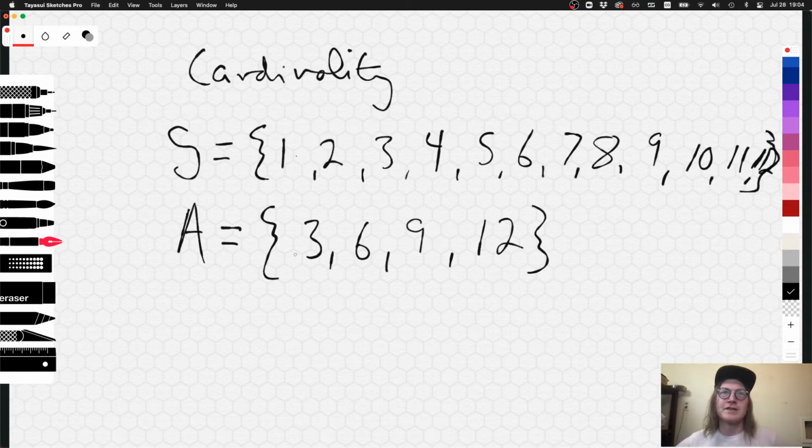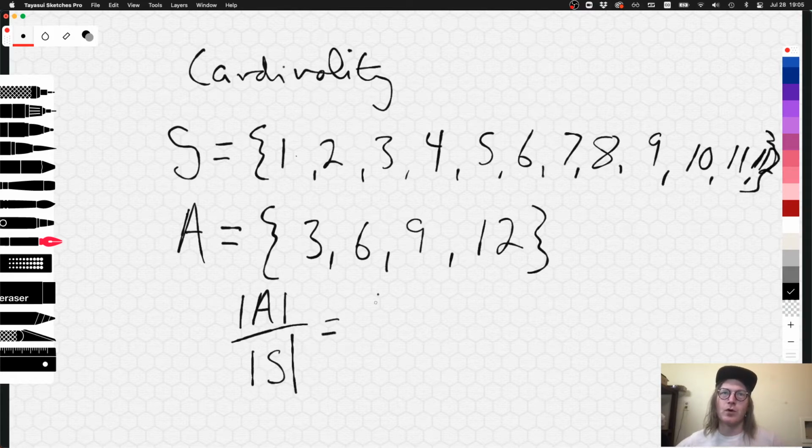If we were to ask, what is the probability that the roll you get when you roll a 12-sided die will be evenly divisible by 3, we can just represent that as the cardinality of A over the cardinality of S, okay?